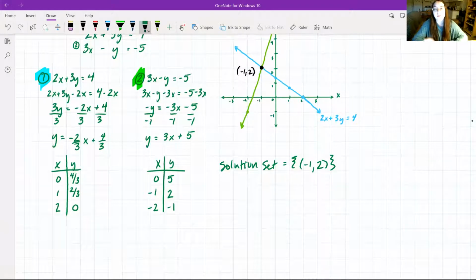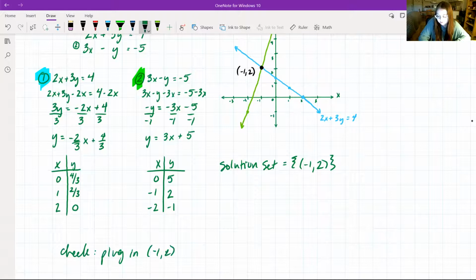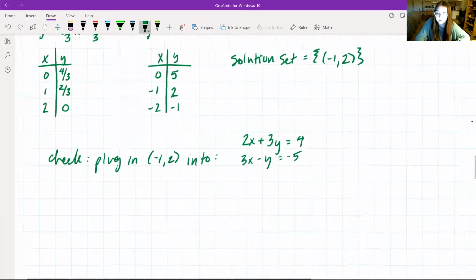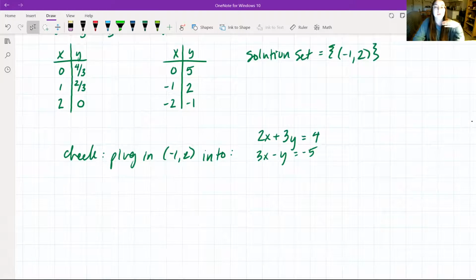And if we want to check and make sure that this is correct, we can go ahead and plug in -1, 2 into our system of linear equations, which was 2x plus 3y is equal to 4, and 3x minus y is equal to -5. We can just plug this point in to check.